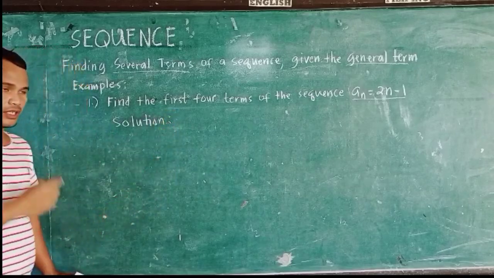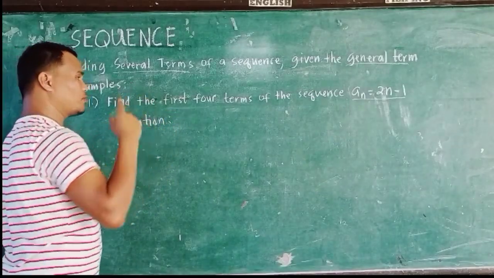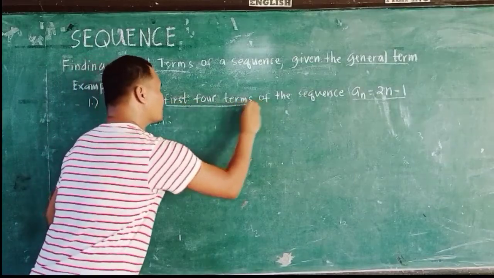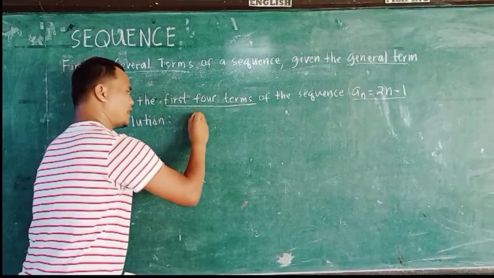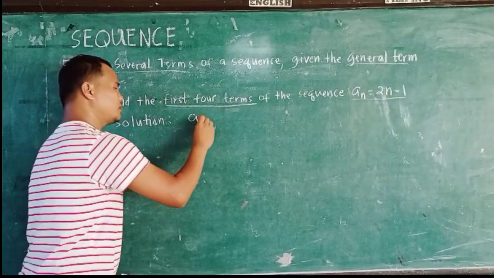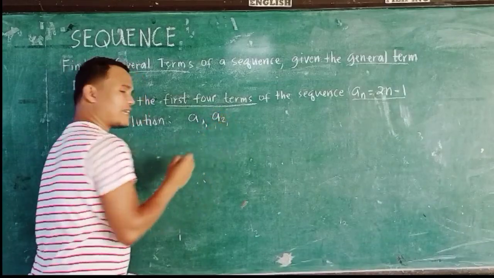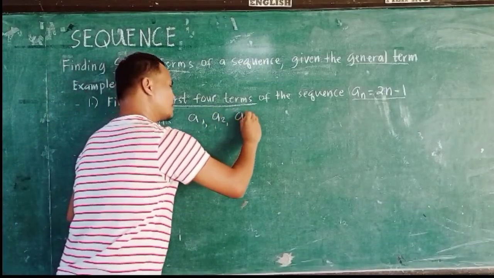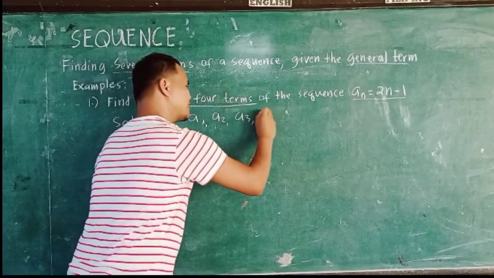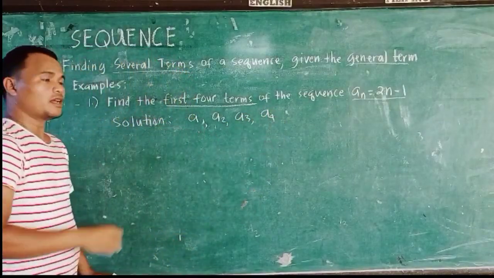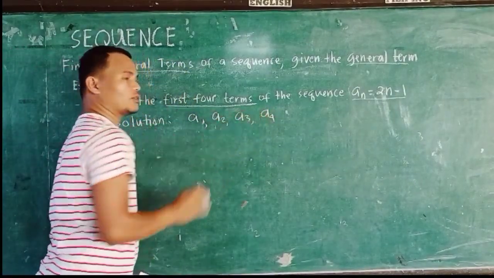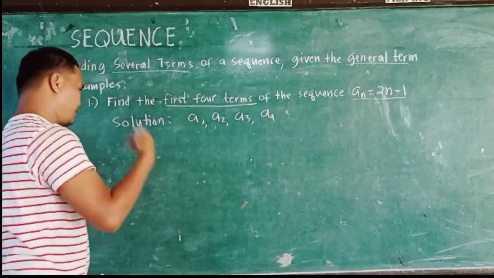Here is our solution. So in our problem, we are asked to find the first 4 terms. Meaning to say, we are asked to find what is the value of the first term, the second term, the third term, and the fourth term. Muna siya ang atong papangitaon, ang first 4 terms.